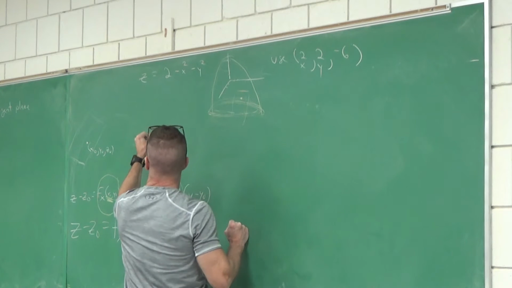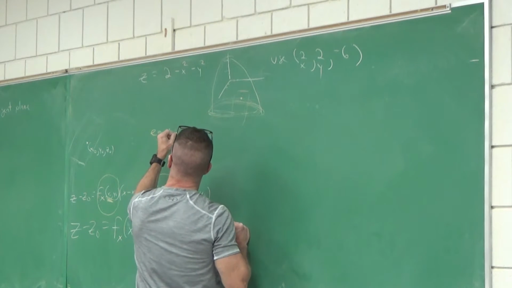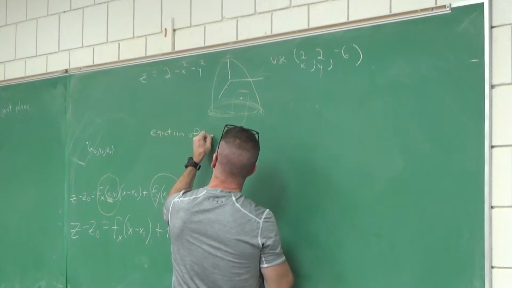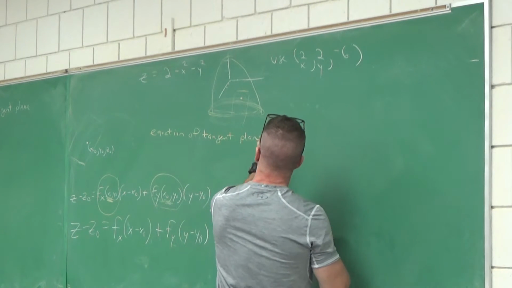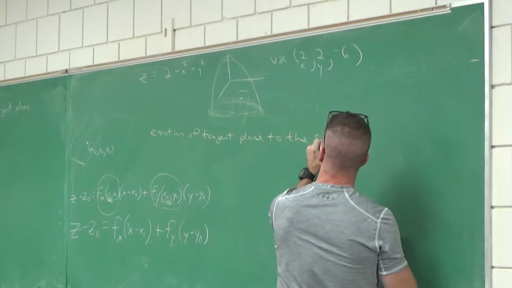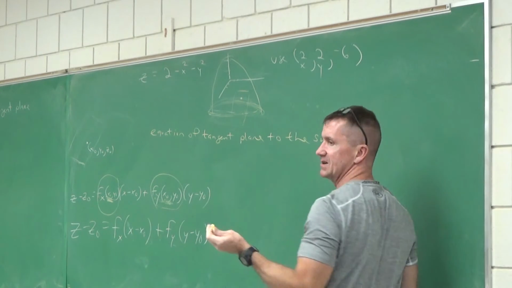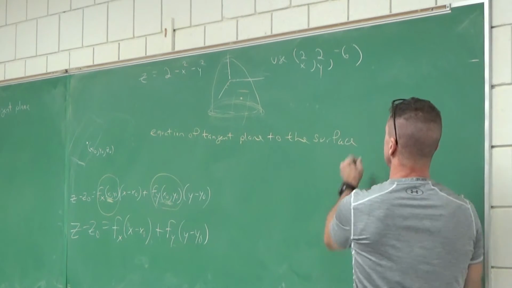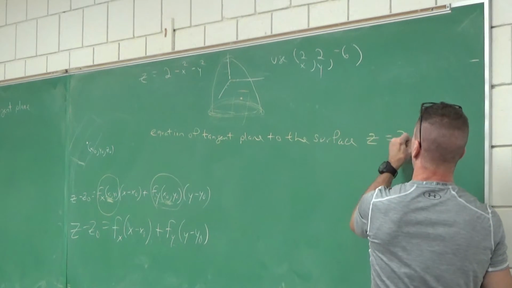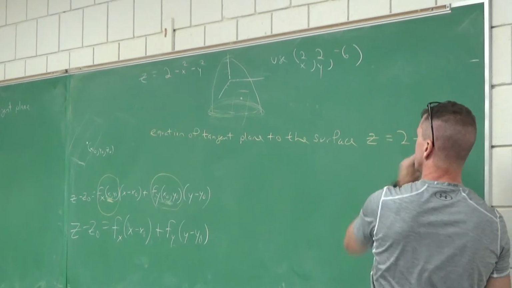The equation of the tangent plane to the surface. Let me write the surface down, because I want to make sure when you're copying this, you know what I'm talking about. I got a lot of writing on the board. The surface was z equals 2 minus x squared minus y squared.